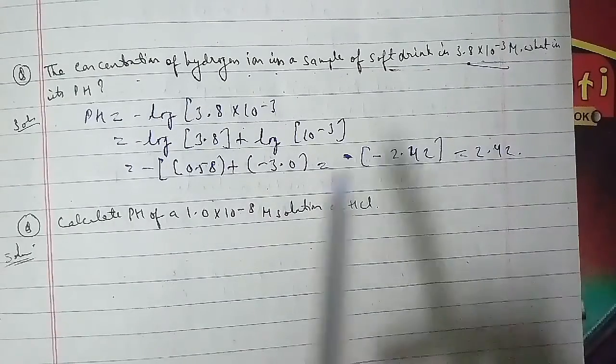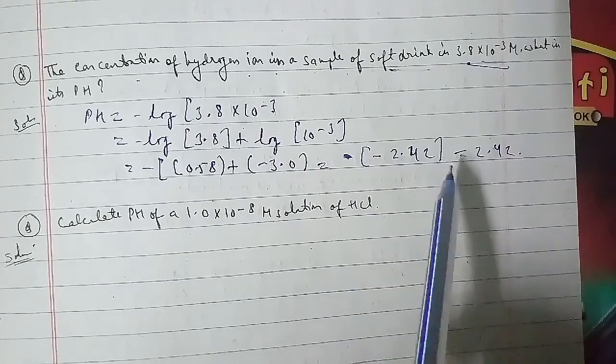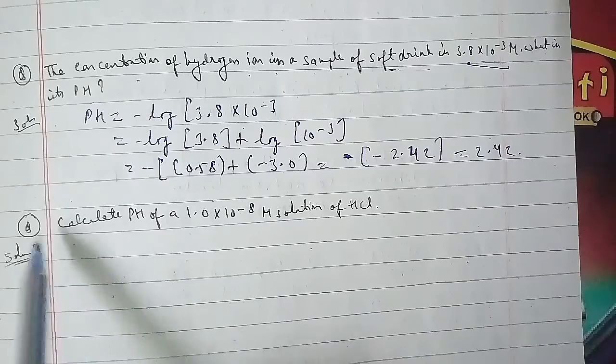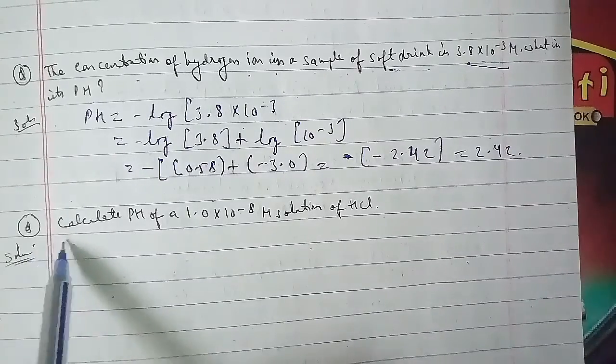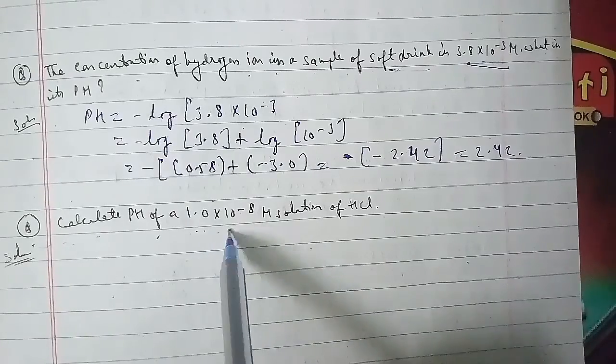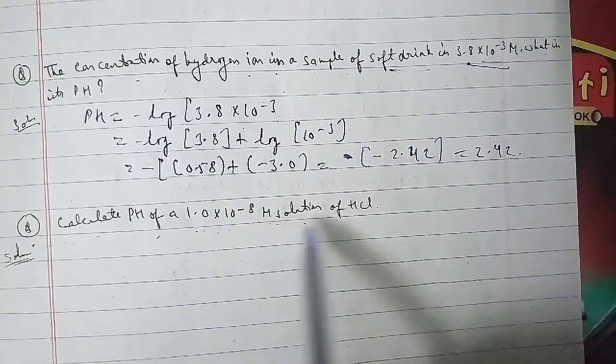For that, Kw equals [OH-][H3O+], and we have the value 10 to the power minus 14, where x equals [OH-], which equals [H3O+] from H2O.